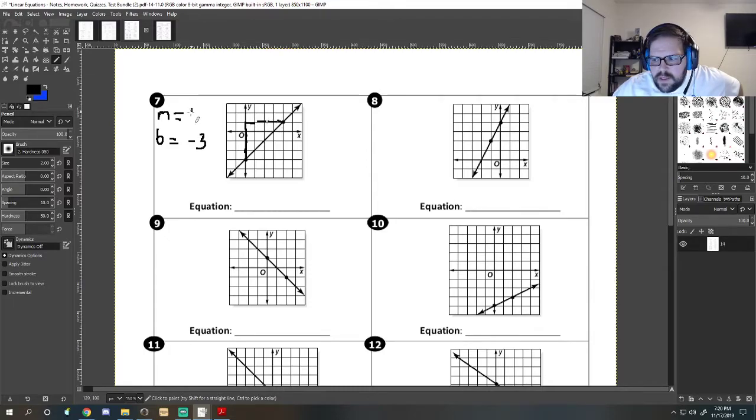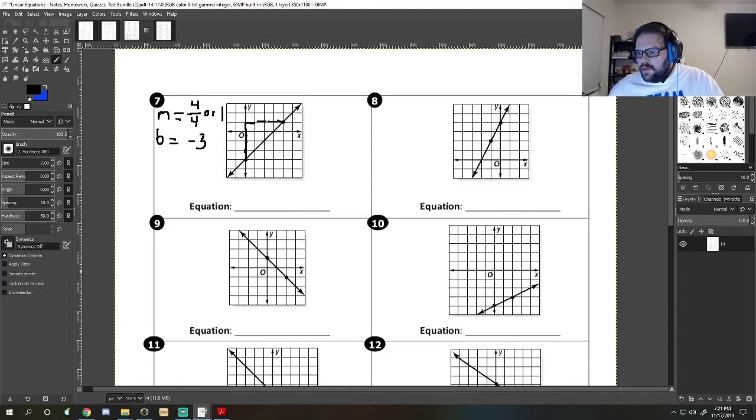So my slope will be 4 over 4 or 1. And the reason that's 1 is because four pieces of pizza out of 4 pieces of pizza is 1 pizza. So our equation would be y equals x, or 1x if you put it there, that's fine, minus 3.